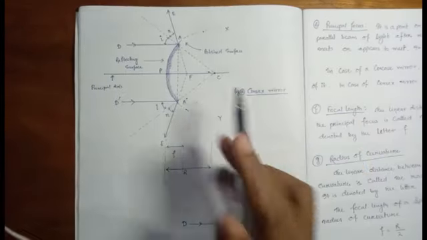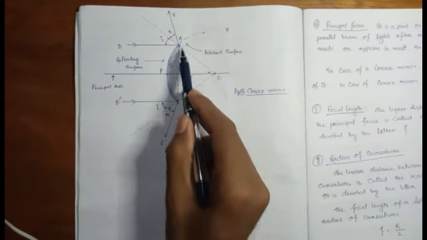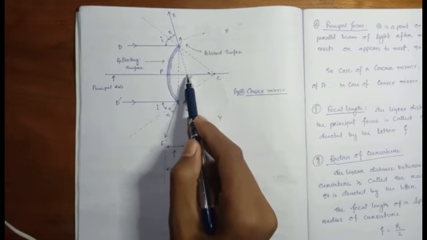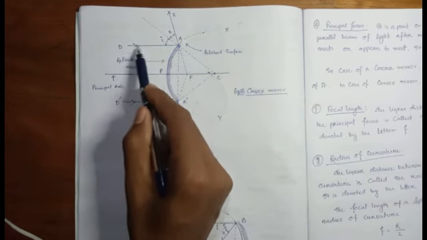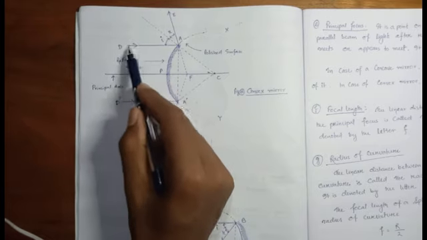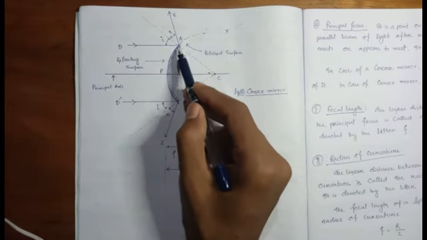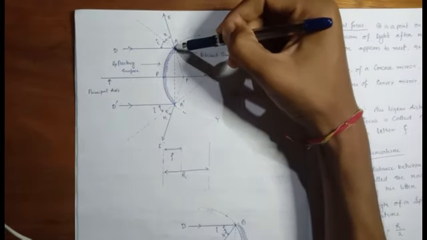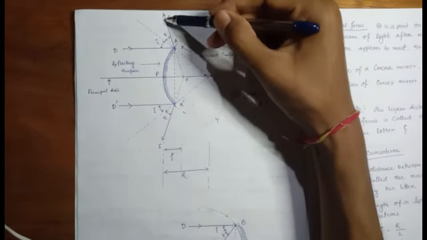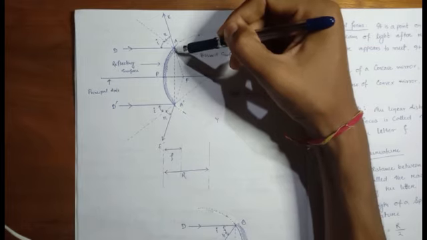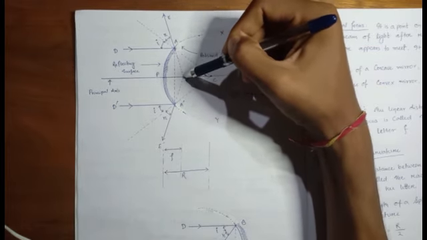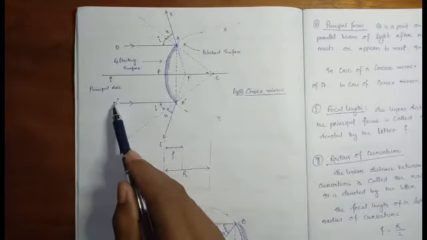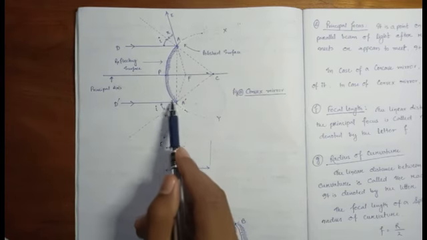In this figure A, what you see at this point F, suppose dA is the incident ray, and when it strikes the reflecting surface of the convex mirror, the reflected ray is AE. But if you draw it in the backward direction, then it appears to pass through the point F. Similarly, D dash A dash is the incident ray.